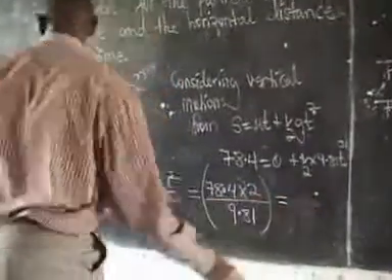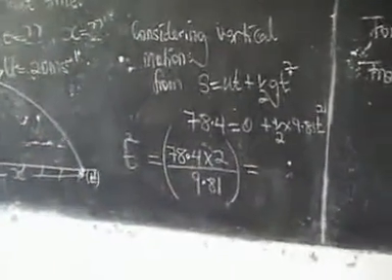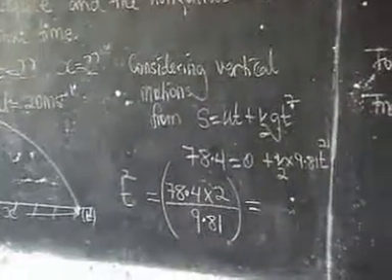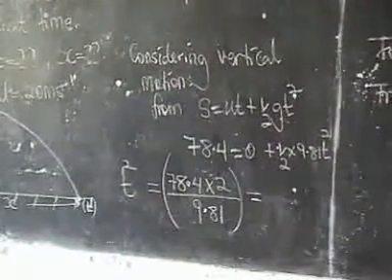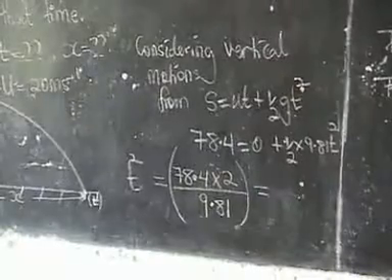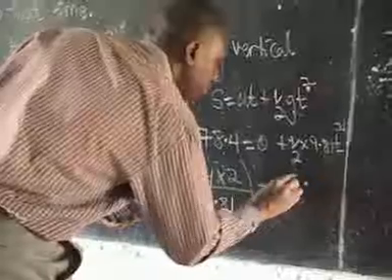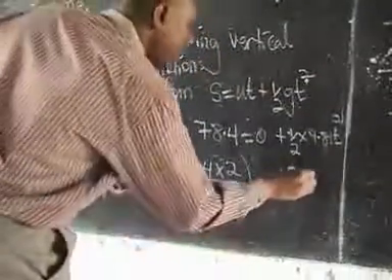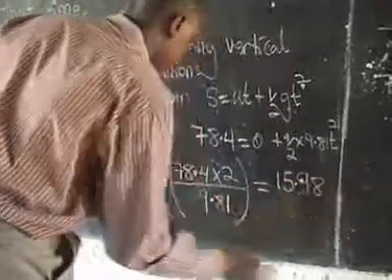When we simplify, we shall get 78.4 times 2 divided by 9.81, which is 15.98.